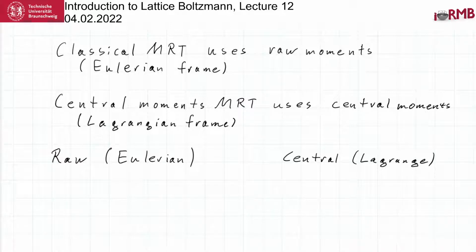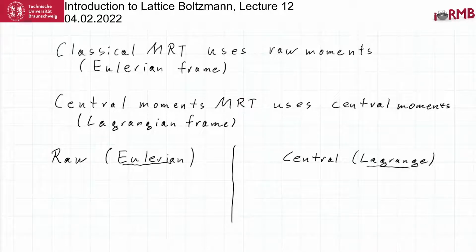One funny thing is that Euler is of course a German and Lagrange is a French. And when Lattice Boltzmann was introduced, or derived in different ways, the Frenchmen used the Eulerian frame and the Germans used the Lagrangian frame. So in that sense, there's a good exchange here with European nations.